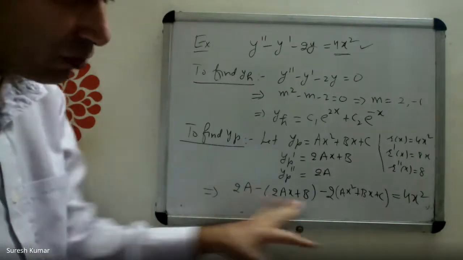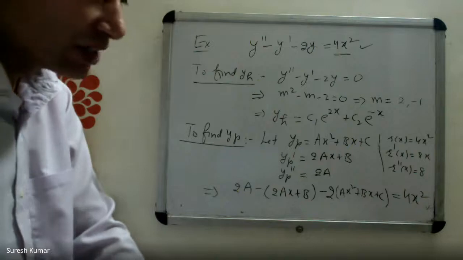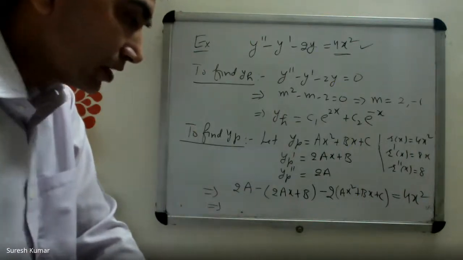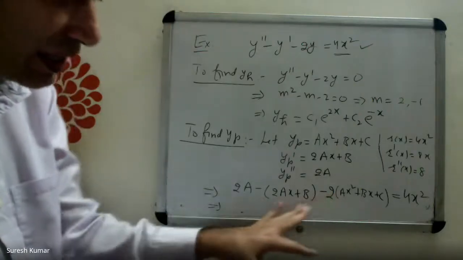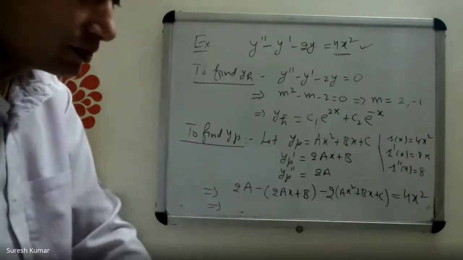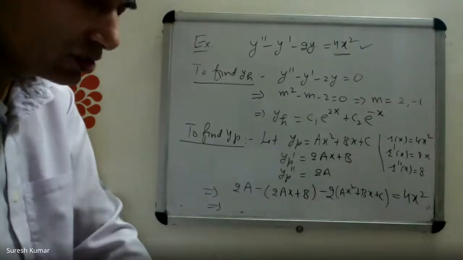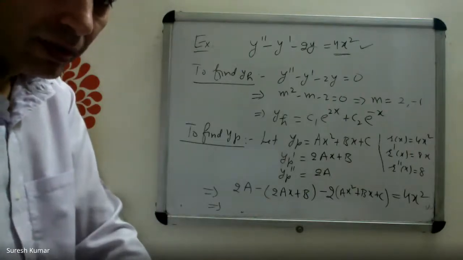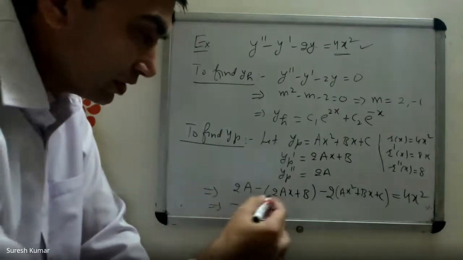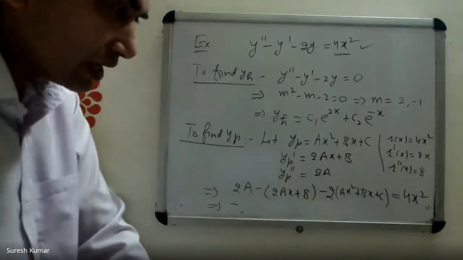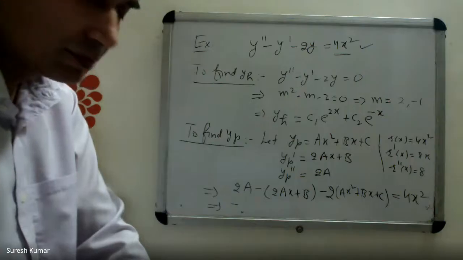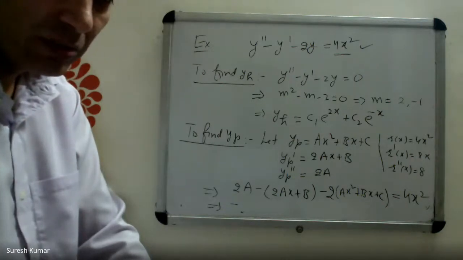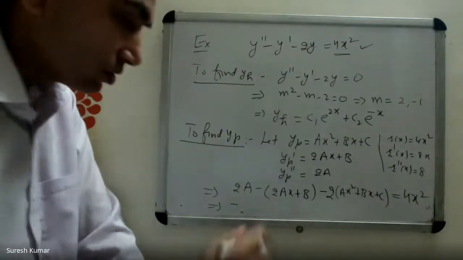Now equate the coefficients of like powers of x on both sides. Equating the coefficient of x square, then x, and then the constant, you will have three relations in a, b, c. Can you write them yourself? What are those relations?